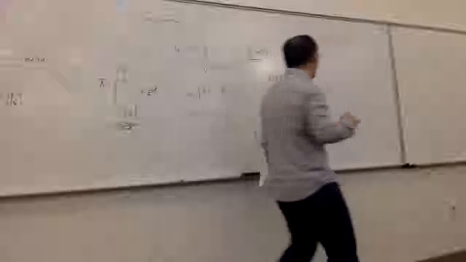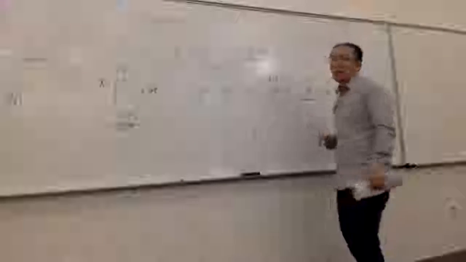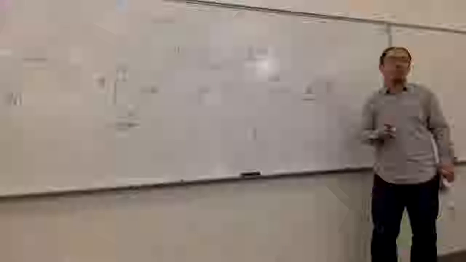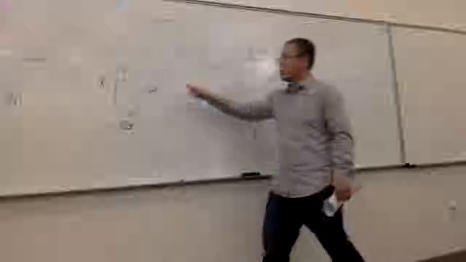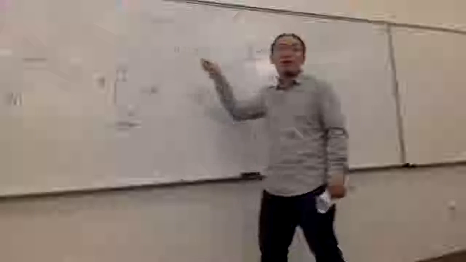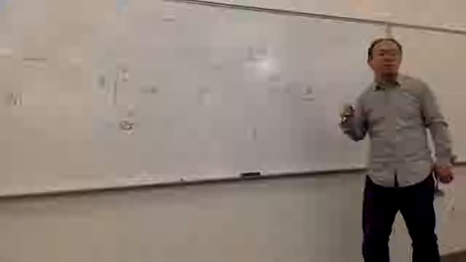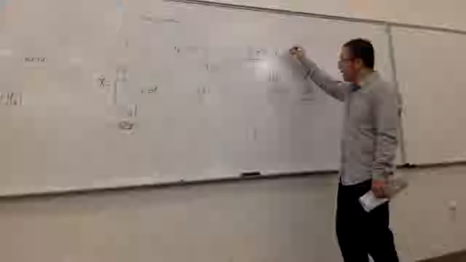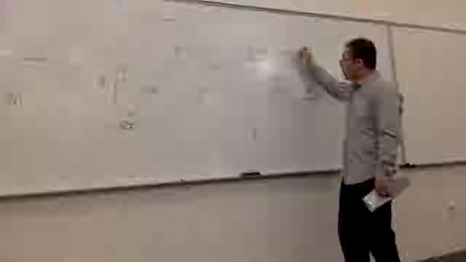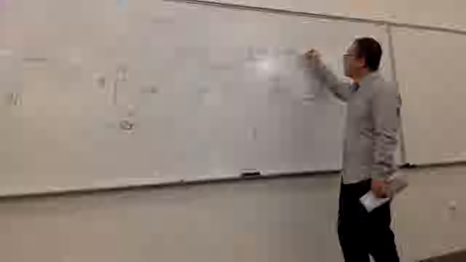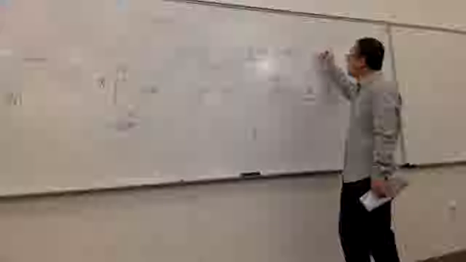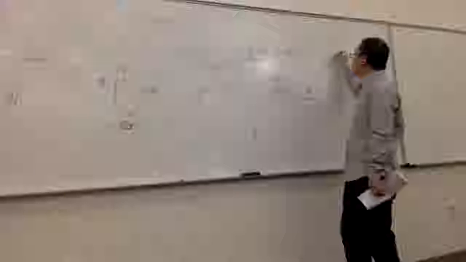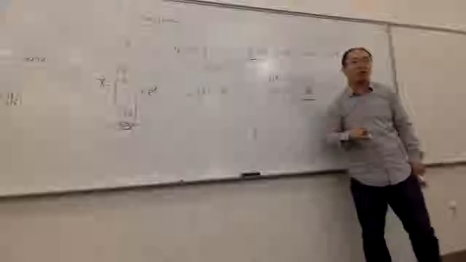Instead, I use b to represent the intercept, and for each feature x1, x2 to xd, I introduce a weight. So the classification function becomes b plus w1 x1 plus w2 x2, and so on, plus wd xd. So this is a linear classification function.